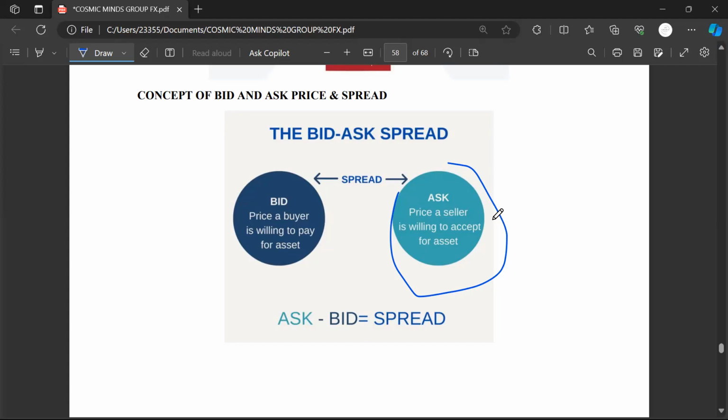So B, bid is from the buyer, and the ask is from the seller. The bid price is the price that a buyer is willing to pay for an asset. Of course, if I'm a seller and I want to sell a pair of jeans at $50, that's my price that I want to accept for that pair of jeans.